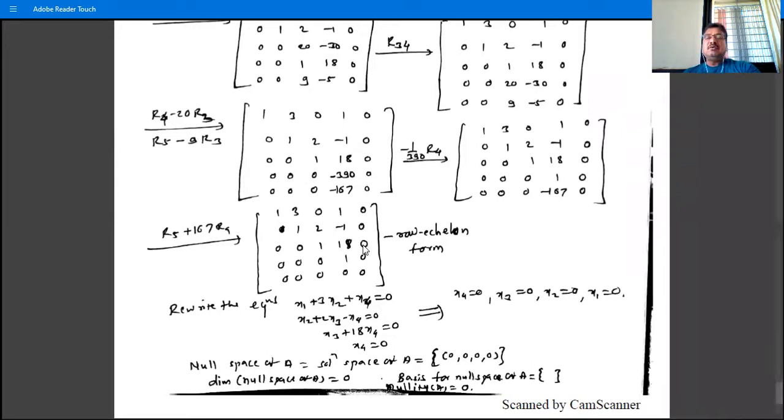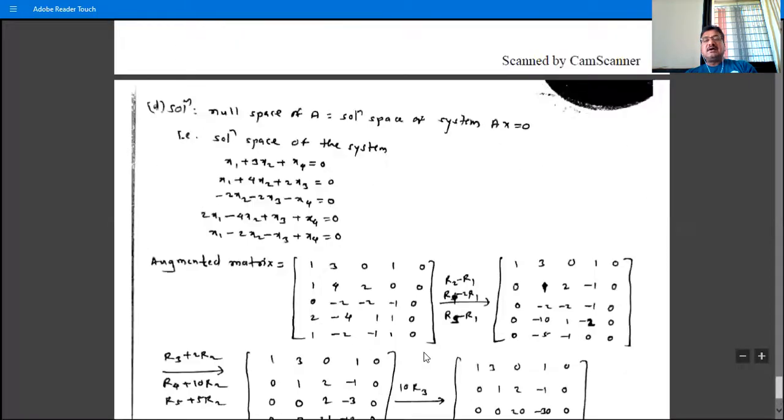If we assign two variables, then the nullity is 2. If the number of equations and the number of unknowns differ by 1, then we assign 1 variable. If the difference is 2, then assign 2 variables. If the difference is 3, then assign 3 variables. But if the difference is 0, then we assign 0 variables, and in that case the nullity is 0. So this is the example.